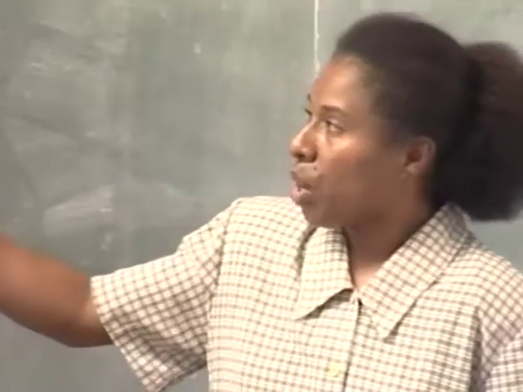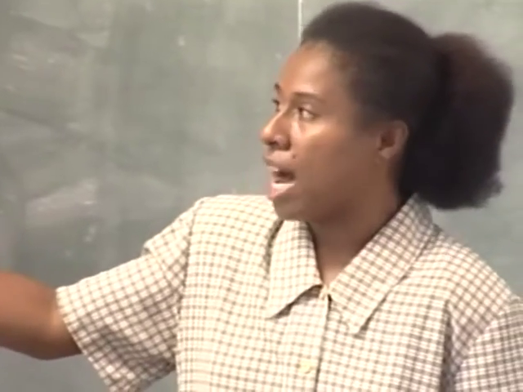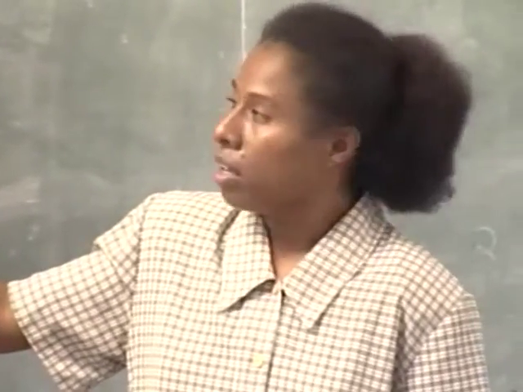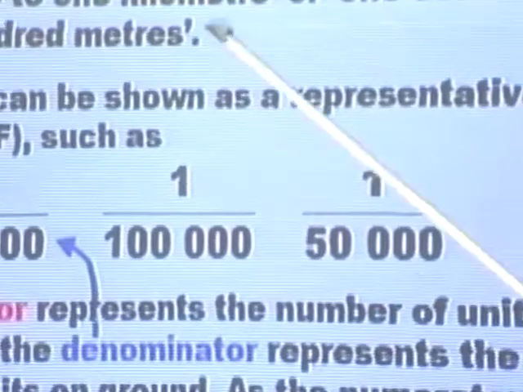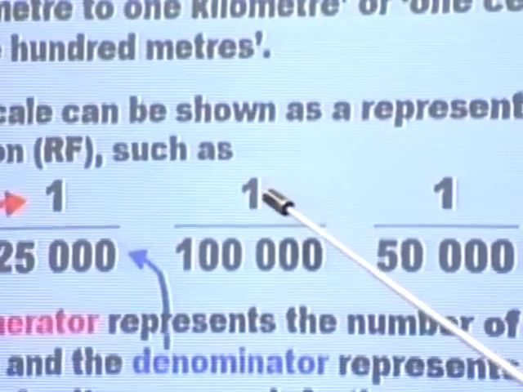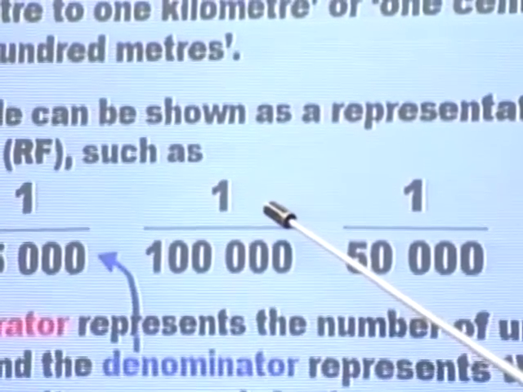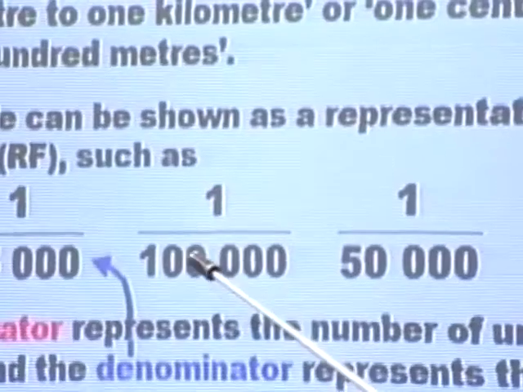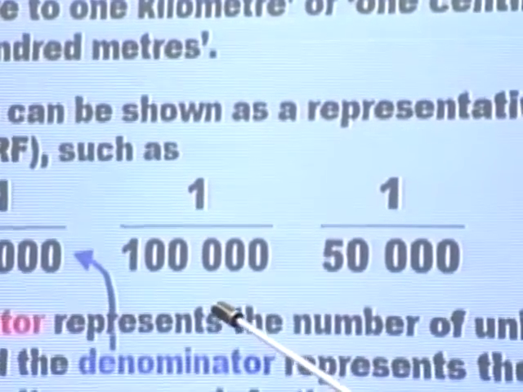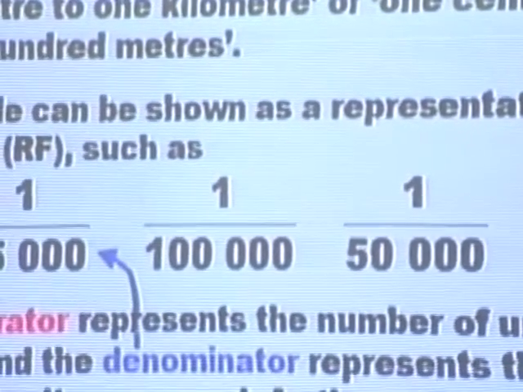If it is 1 over 100,000, it will mean, if I use centimeters, then 1 centimeter on the map will represent 100,000 centimeters on the ground.